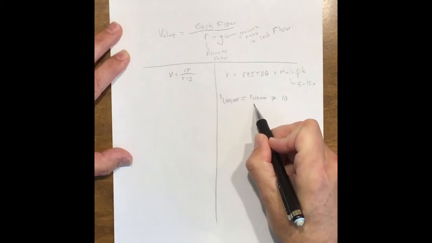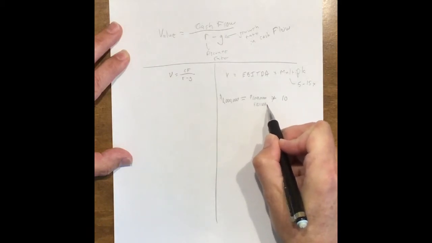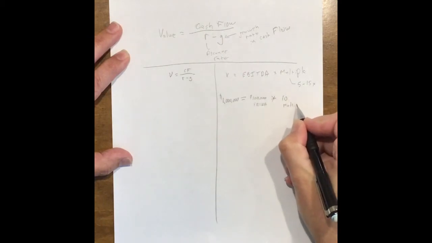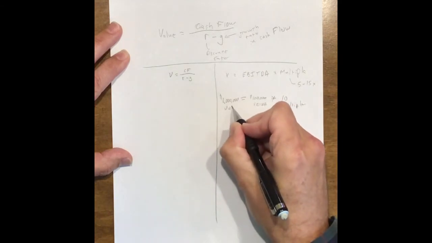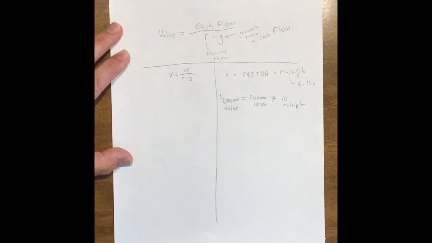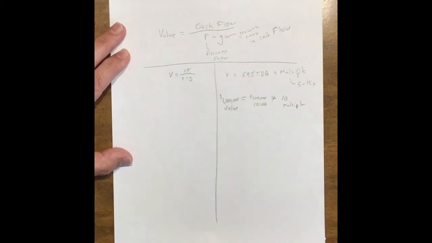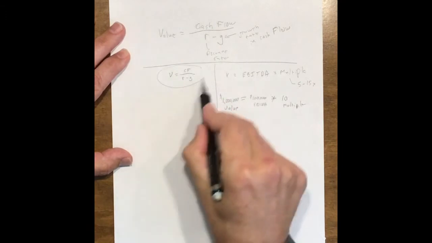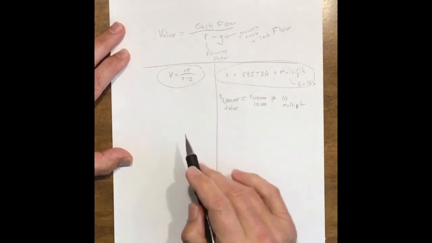So this is your EBITDA, which is a proxy for cash flow. This is the multiple. And this is value. Now what is interesting, and maybe it's derived in a textbook, but I've never seen it, is that there is a relationship implied that's not obvious at first glance between these two formulas.